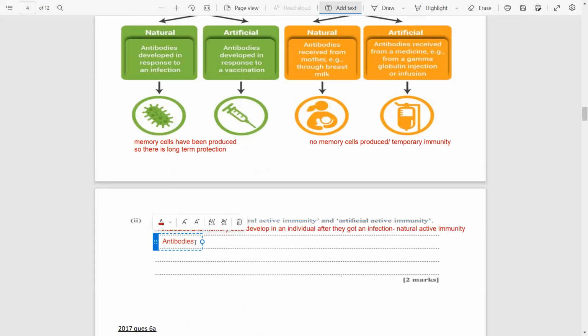So in this one now we have antibodies and memory cells developed in an individual that was vaccinated. That will be artificial active immunity.